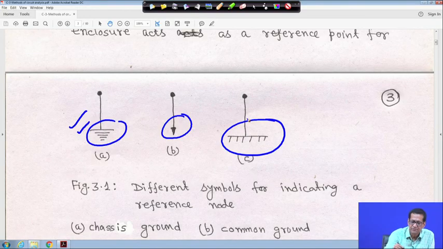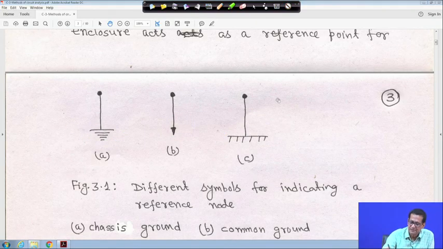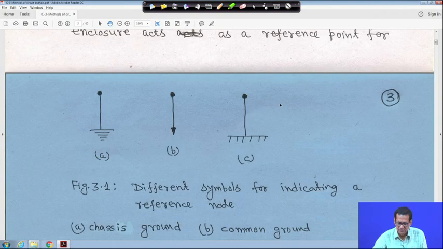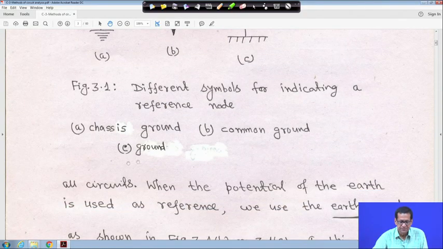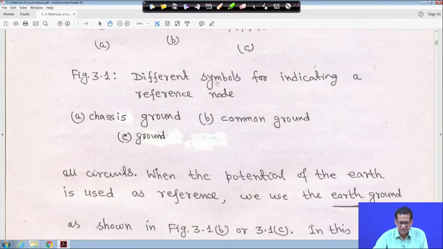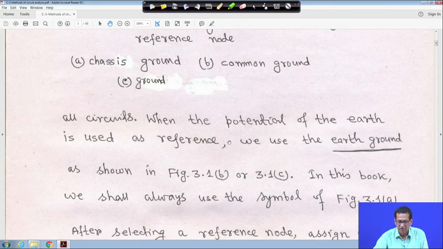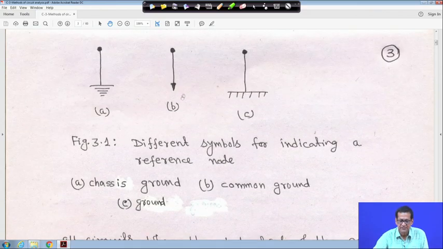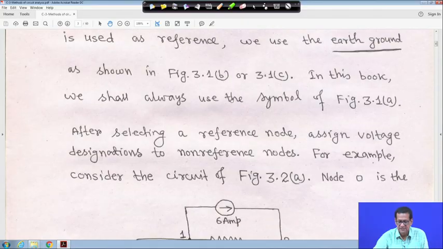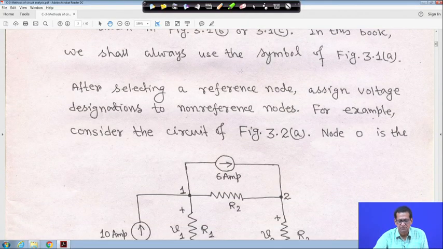So B and C are common, and that is why the earth ground is shown in figure 3.1b or 3.1c. This is the symbol we will use.